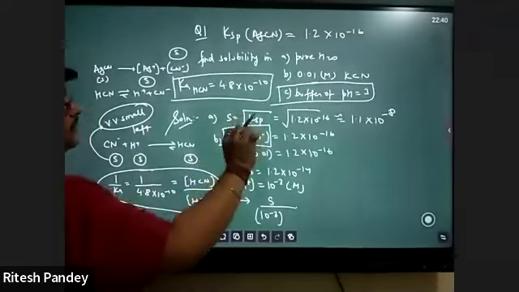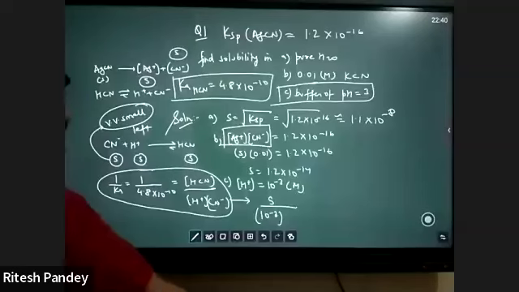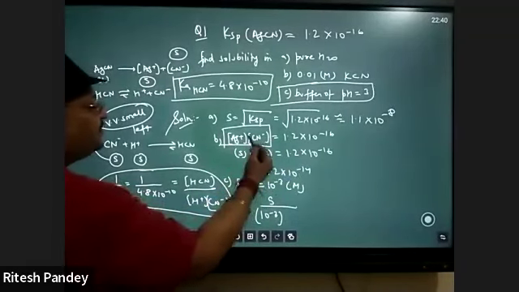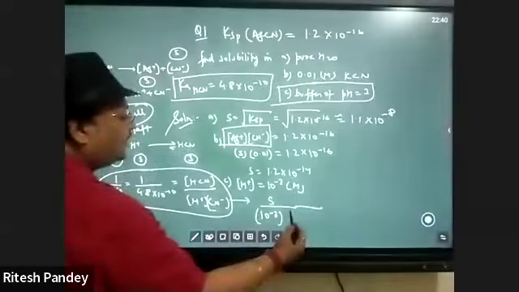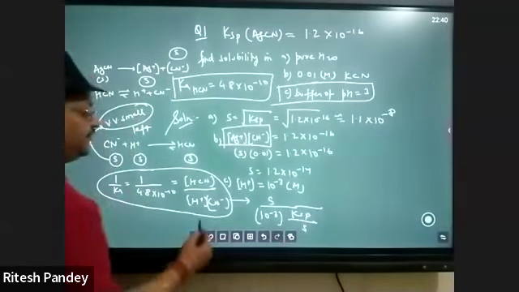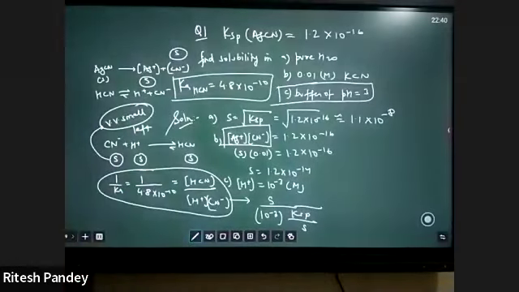So with everything else kept on one side, cyanide would always be Ksp upon Ag plus. So I write this as Ksp upon Ag plus, which is the solubility. If you understand this particular stuff, the solution is within reach.